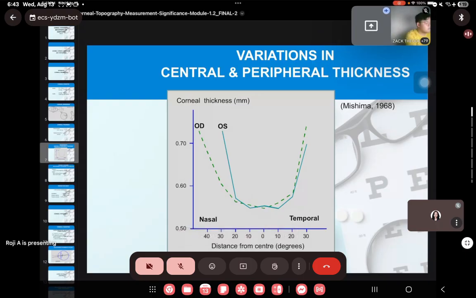Of course, peripherally, right? It thickens peripherally. You are knowledgeable about that, right? From the center, it goes flatter peripherally and thicker peripherally. Not only is it flattening peripherally, it thickens peripherally.